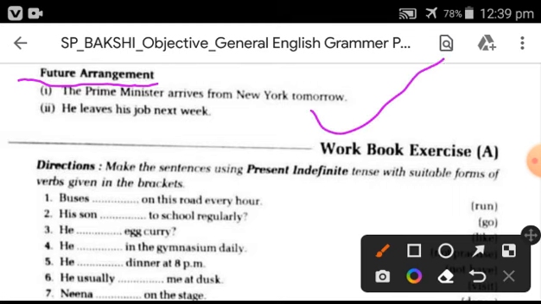The Prime Minister, almost 90% chance here, arrives from New York tomorrow. She leaves her job next week. She will most probably leave her job next week. It is sure and certain, but not 100%, maybe 95%.